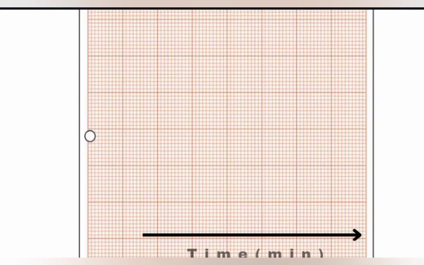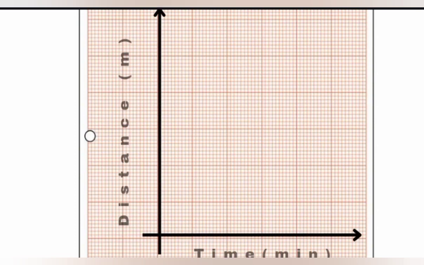Now we can go further to draw our x-axis on the graph like this. And of course our x-axis is for the time in minutes, so we also write that underneath it. And the second part, the y-axis, is the distance in meters. The point where the x-axis and the y-axis meet, like we informed you in the previous video, is called the origin, and it is designated as 0.